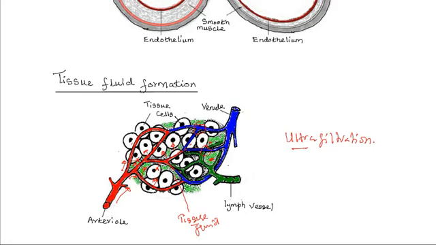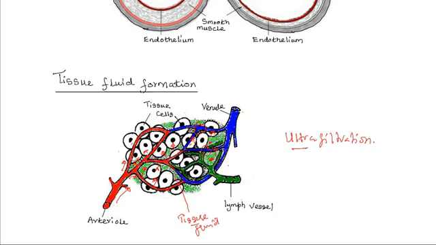So some substances in the tissue fluid will then move back into the blood capillaries at the venule end, and these may include waste substances such as carbon dioxide and nitrogenous wastes.